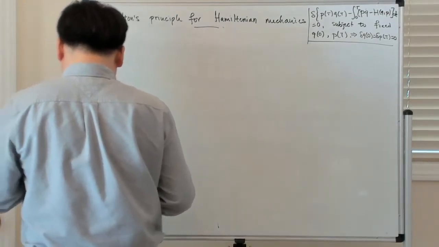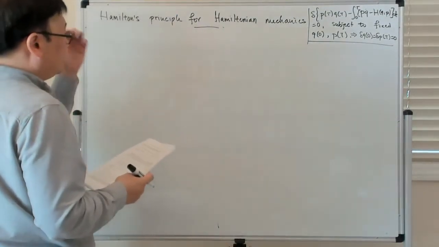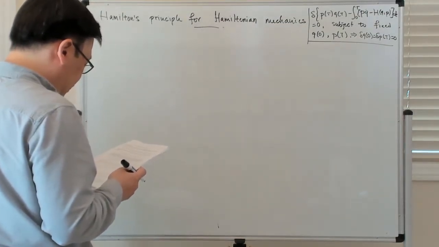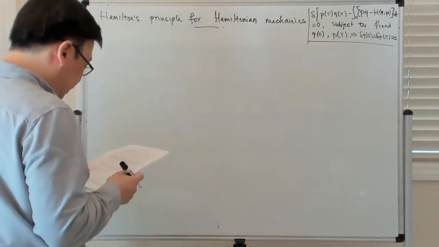Okay, so if you're given one of these generating functions, what should you use it for? To generate a symplectic map.